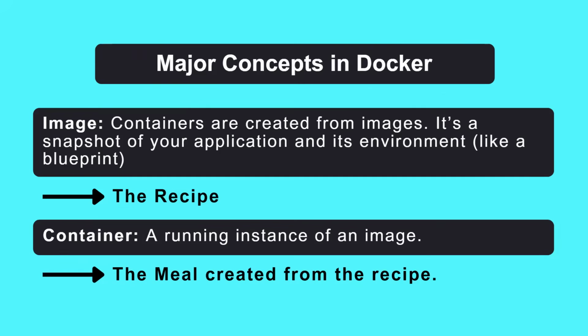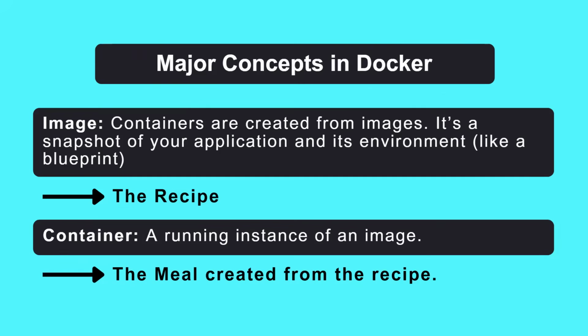And what is a container? A container is a running instance of an image. Like the map is the blueprint of the house, but the house itself is the practical thing. So a container is that thing. A container is the real instance of the image.